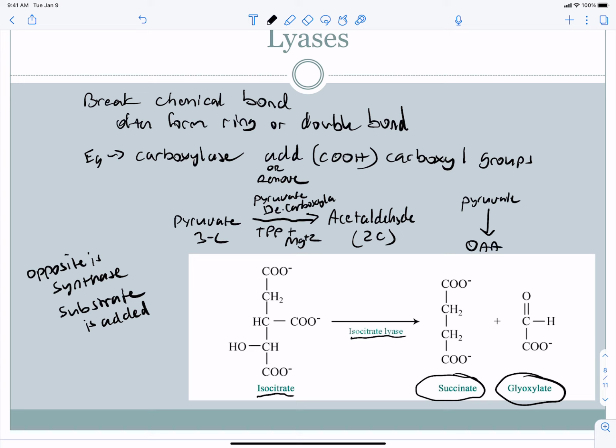And this occurs with a pyruvate carboxylase. And in this case, you're going from a 3-carbon to a 4-carbon, so you're adding a carbon. And this is going to be in the presence of biotin, and we'll talk more about that. But these are 2 important reactions. This is a carboxylase, which is going to either be taking away a carbon from pyruvate to acetaldehyde, or a pyruvate carboxylase that is going to be adding a carbon from pyruvate to oxaloacetate.